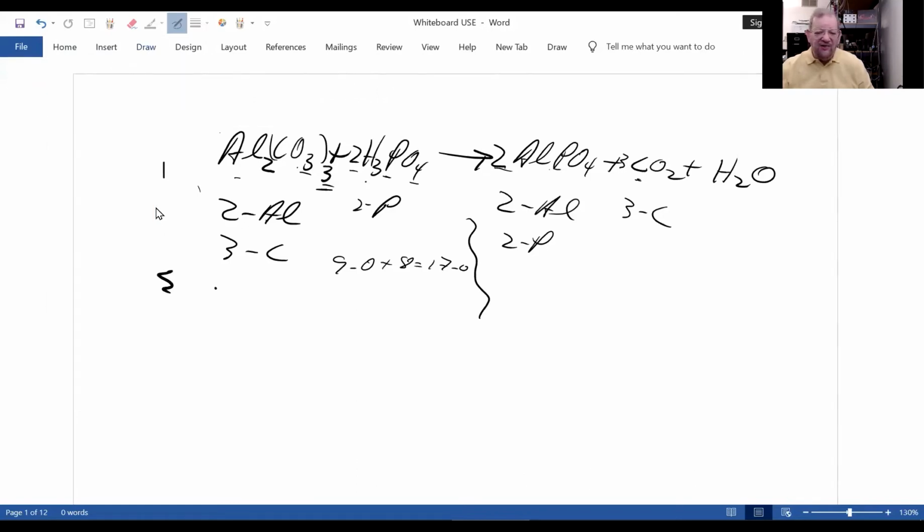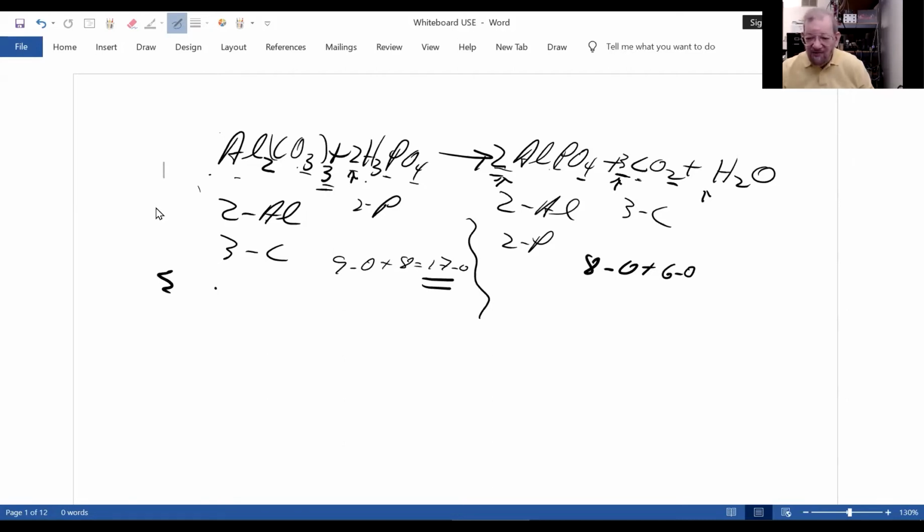And now, if I look on here, I have 2 times 4 is 8 oxygen, plus 3 times 2 is 6 oxygen, and plus 1 is 15. Now I want to get to 17. And how do you do that? Once you've done a coefficient like this for a non-hydrogen or oxygen, you don't want to change it.